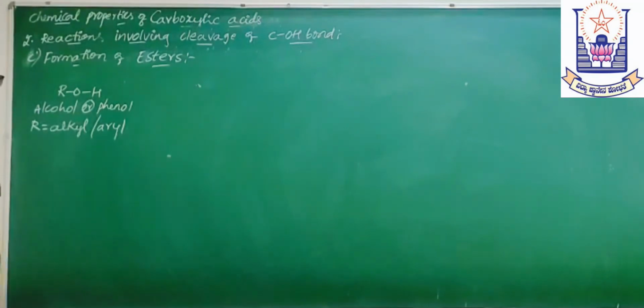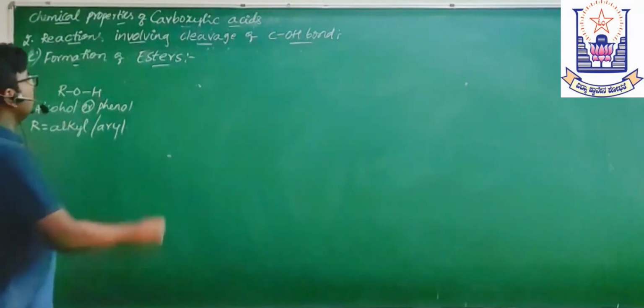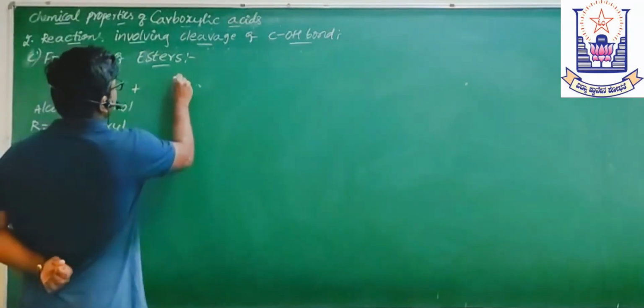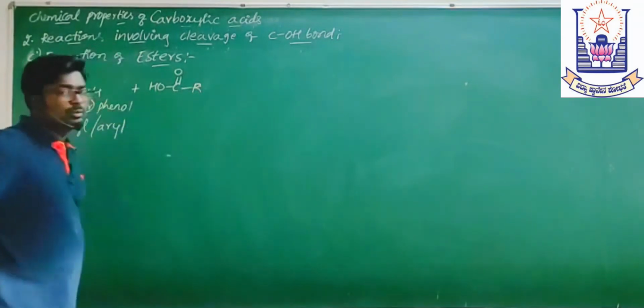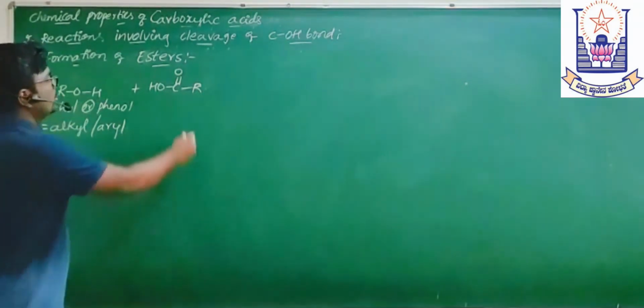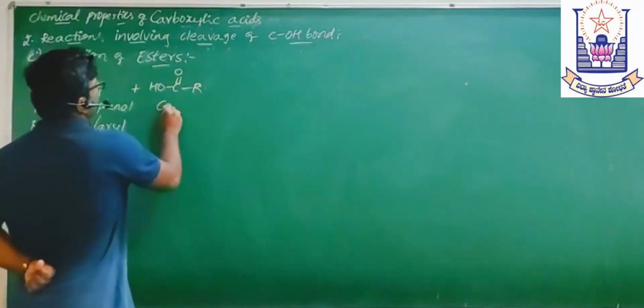Okay. When alcohols or phenols are treated with the carboxylic acid, to make it simple, I am going to take this formula in the reverse way. What is this? Carboxylic acid.